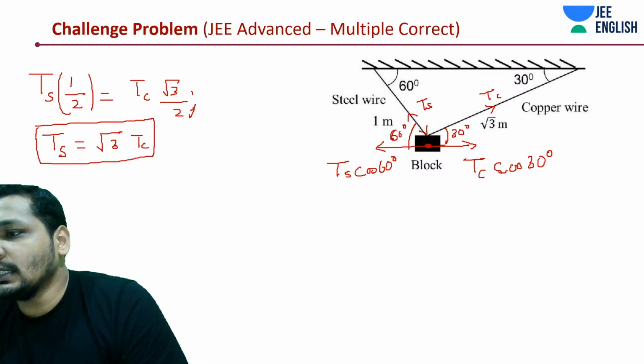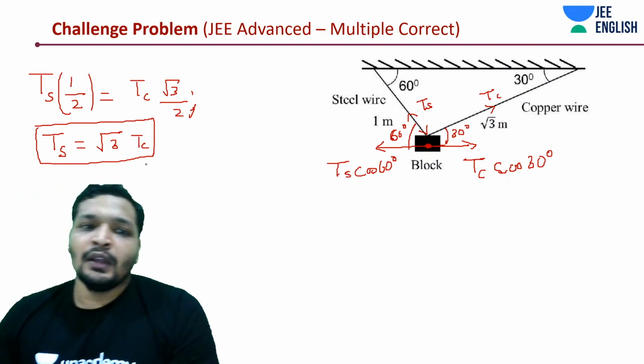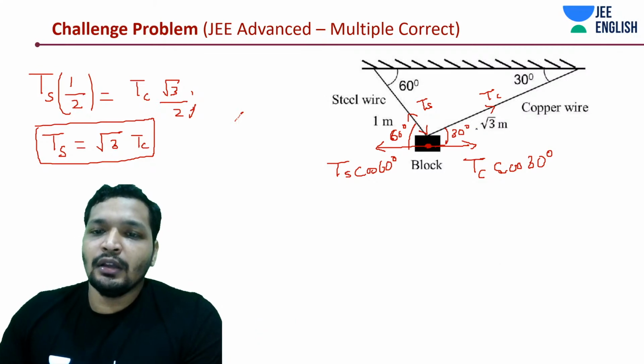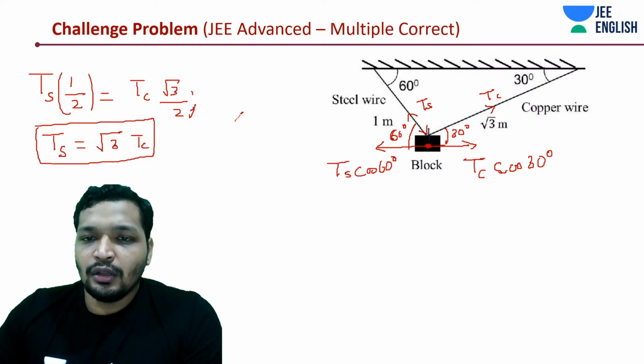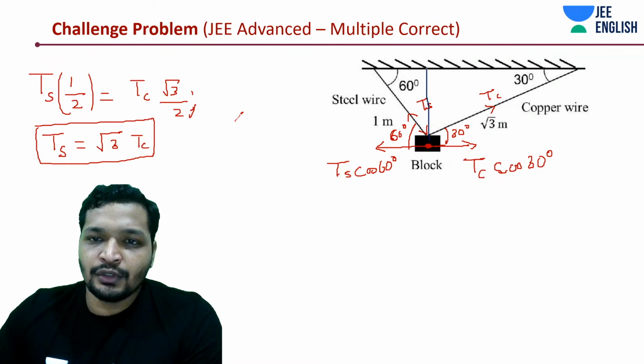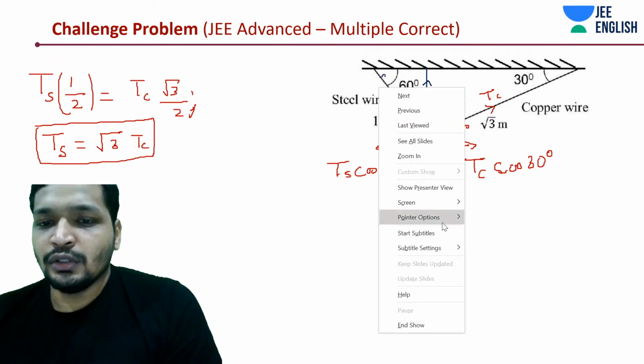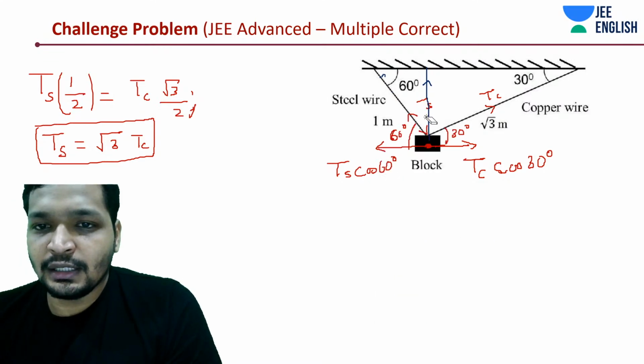This is one informative thing. Now the next thing is you need to balance out the force. So what are those forces? We need to analyze them. That's very important.